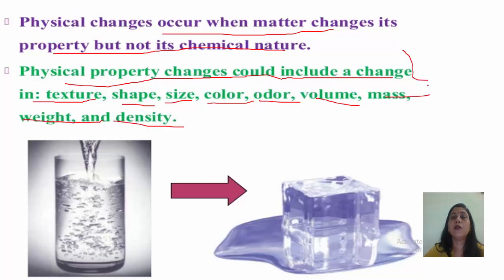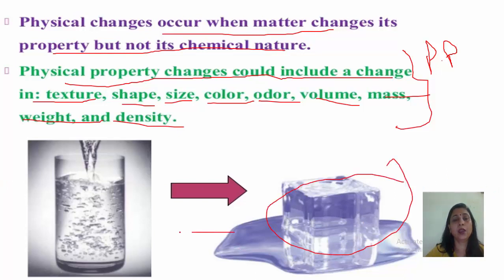So these all are the physical properties which can be changed during a physical change. But no chemical properties are changed. As you can see that this freezing makes ice and melting makes water. This is a physical change.